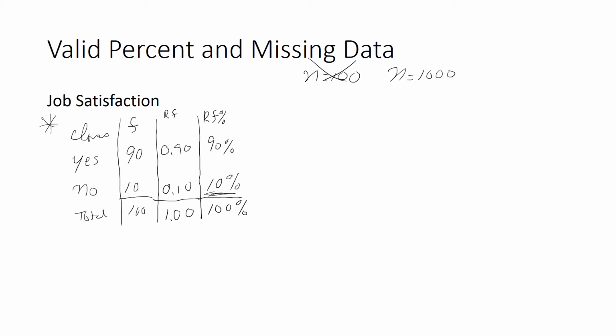We have missing data, and you have to represent the missing data somehow. So let's take a look. Let's make another one. We have missing. And how much missing do we have? We have 900 missing surveys, right?